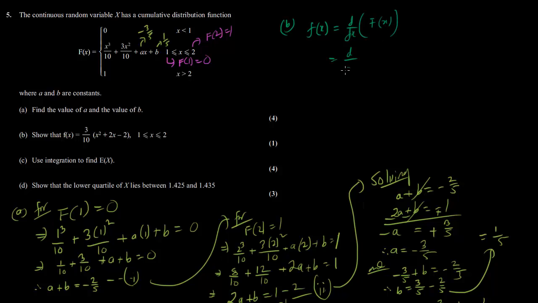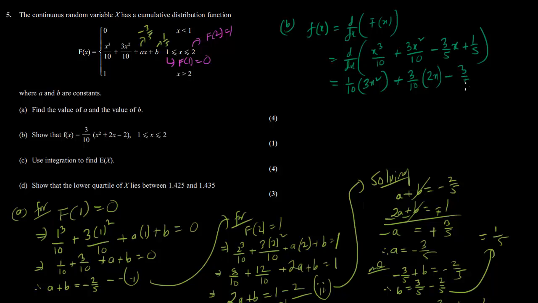So let me write down the cumulative function with the constants: x cubed by 10 plus 3x squared by 10 minus 3 by 5 x plus 1 by 5.